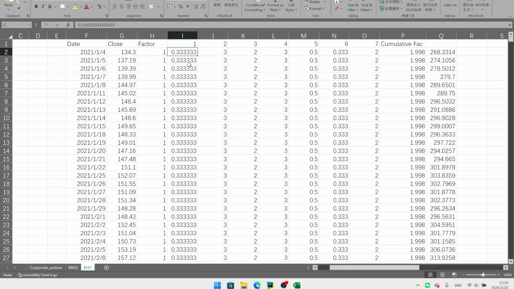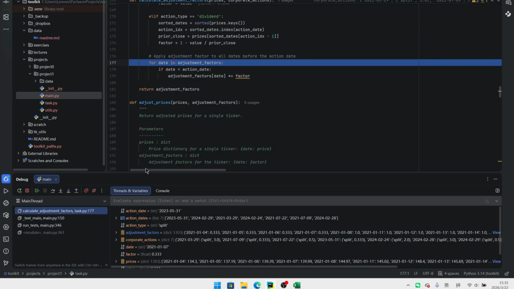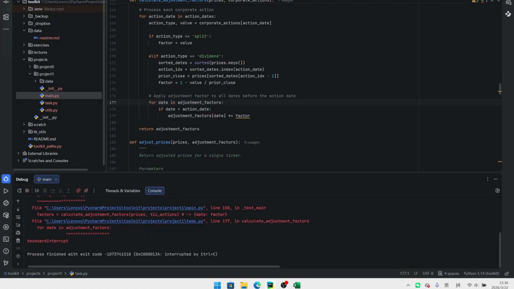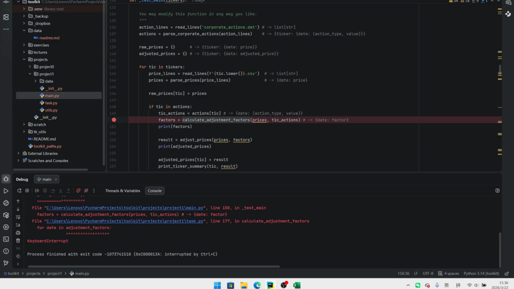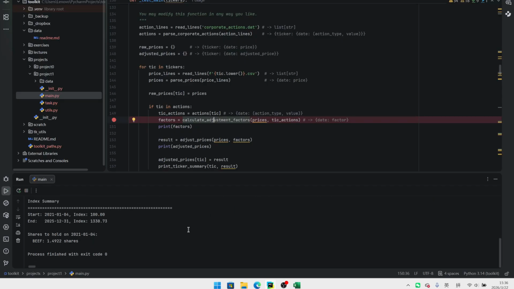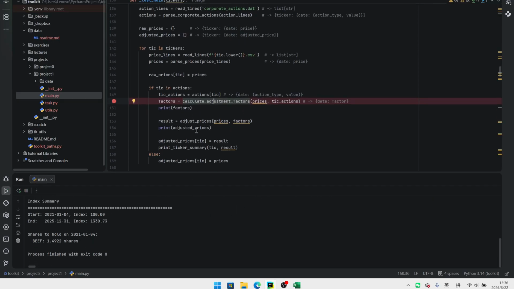So we need to know the final one. I have just used the function to print the factors to see whether it is correct or not.